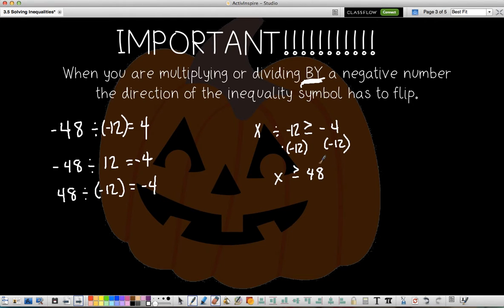Well, now let's put 48 back into that inequality. So 48 divided by -12. Is that still greater than or equal to -4? Okay, well, in this case, it is still equal to -4. So let's try 49.